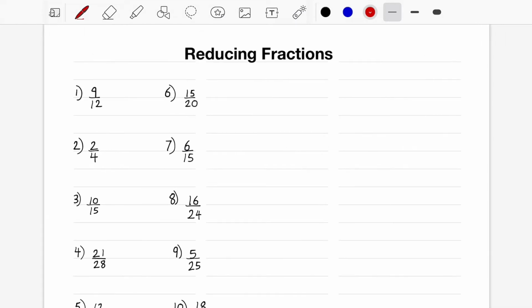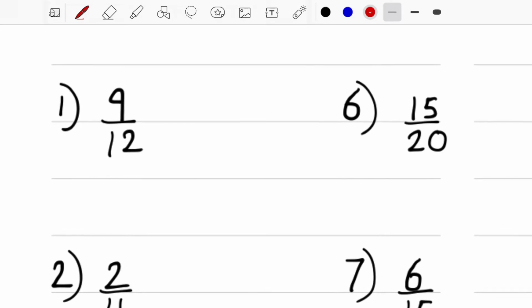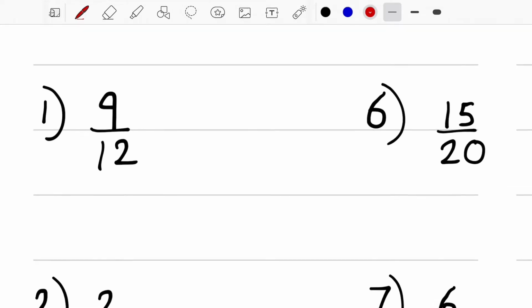Next, we have reducing fractions. In reducing fractions, we try to find a number that we can divide both the numerator and the denominator by the same number without getting a remainder. Or in other words, we try to find a number that both the numerator and the denominator is divisible by.